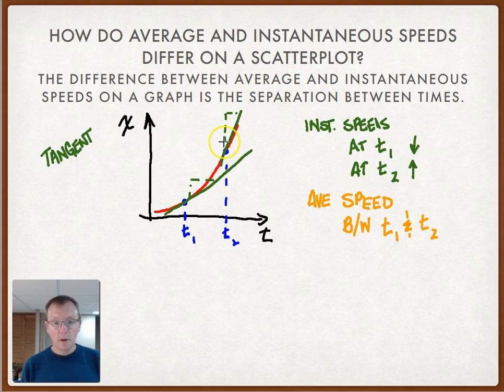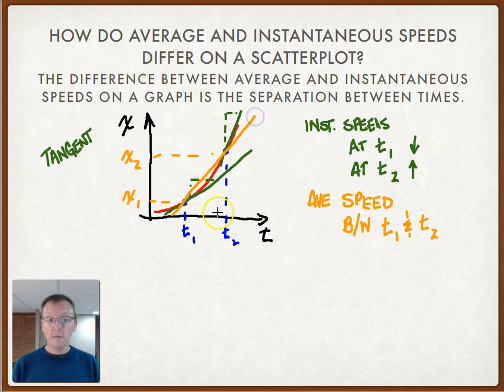Well, I could go over, just like I did before, and figure out what the x value is for 2, and what the x value is for 1, and then just do the math that way. Sometimes that's pretty easy. However, if I'm going to use the graphs the way that the graph should be used, I'm going to draw a line between the 2 points, like so, and then find the slope of that line. And so the slope of this line is going to tell us what the average speed is.